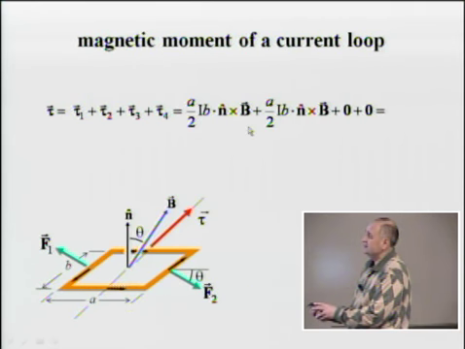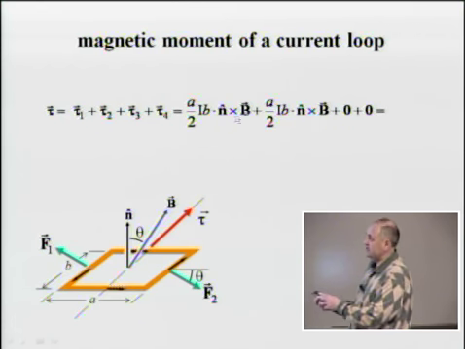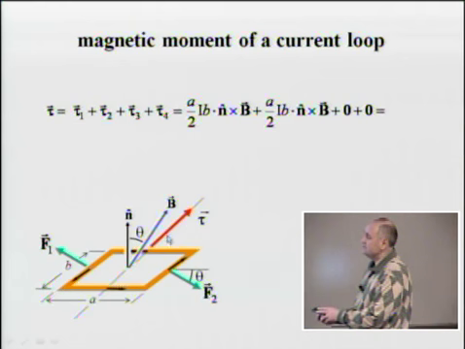They are identical, and these two are the torques, not magnitudes. This vector product indicates the direction. You can check that normal vector multiplied by magnetic field vector will give us a vector in this direction, indeed.